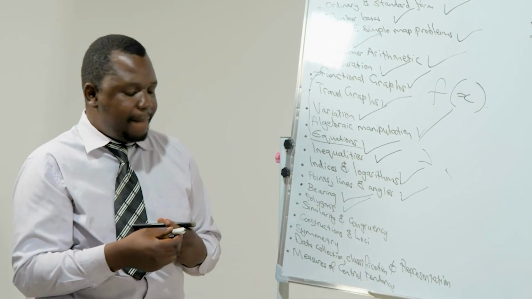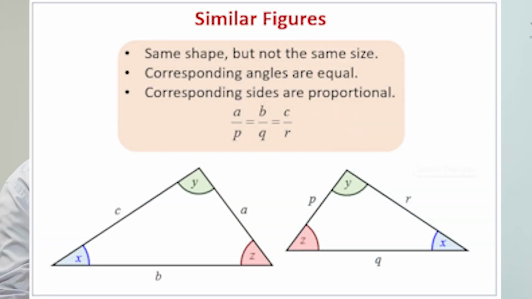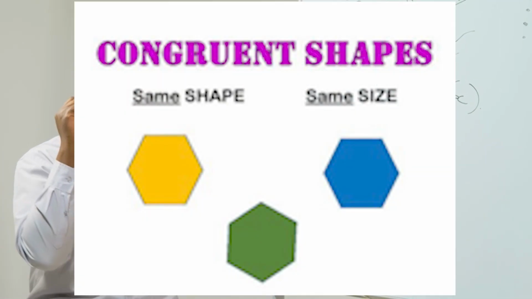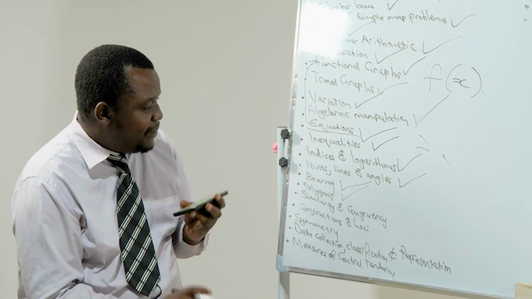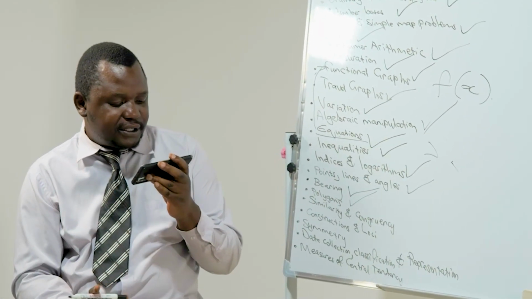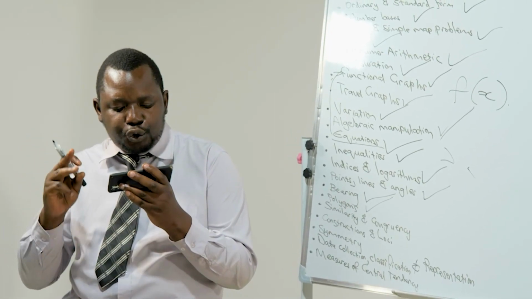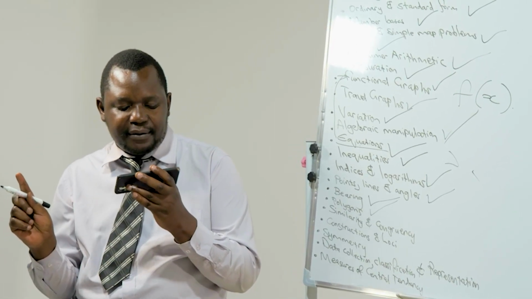Next concept is called similarity and congruency. The first objective under similarity and congruency is as follows. You need to find the scale factor from two given similar shapes.